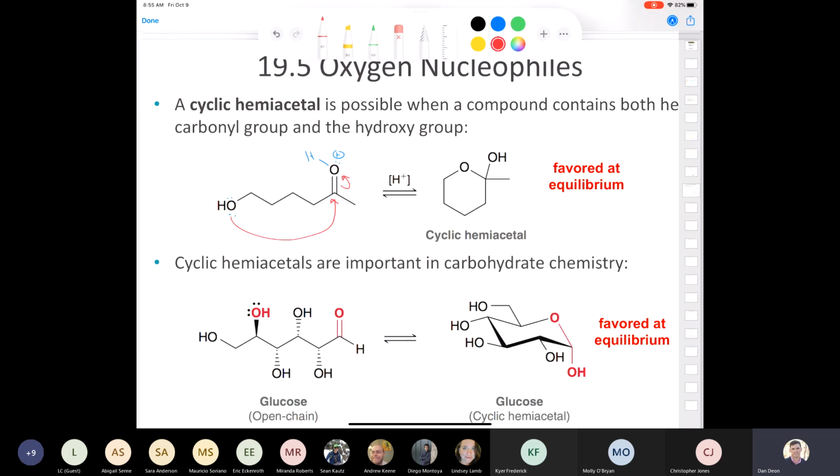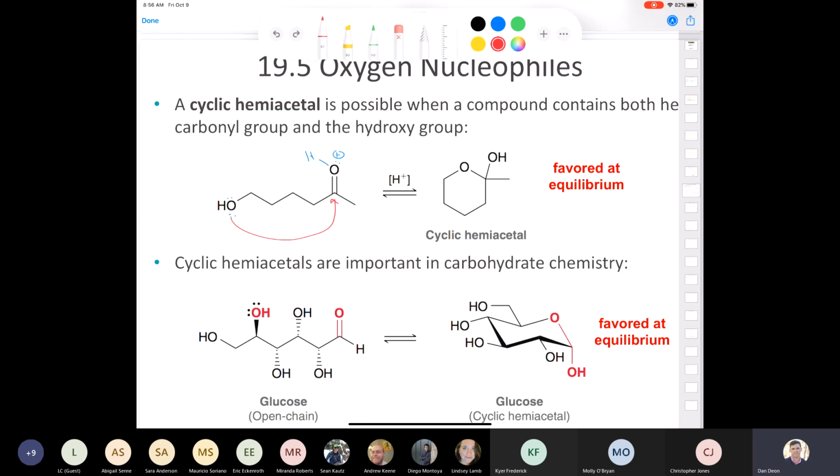Anyhow, after several more steps, I'm obviously leaving out a bunch of steps from the mechanism, you form this cyclic hemiacetal. Now, why would this cyclic hemiacetal be so great? It's because you have a 6-membered ring, and the hybridization of all the atoms in that ring is sp3. So all the carbons are going to have a tetrahedral geometry.